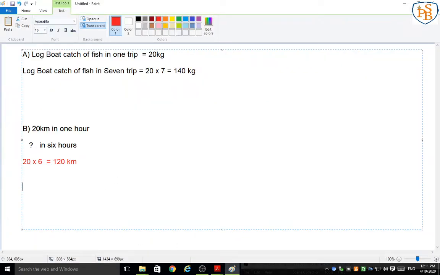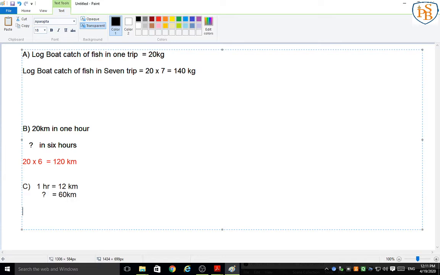We will start to solve our example number C. Within 1 hour, the long tail boat covered 12 kilometer distance. Correct. So now we have to find out the time taken for 60 kilometer.